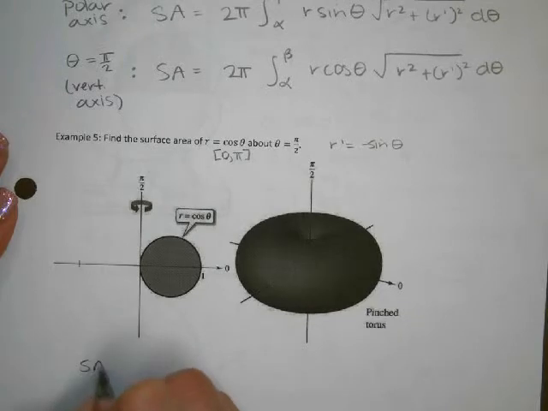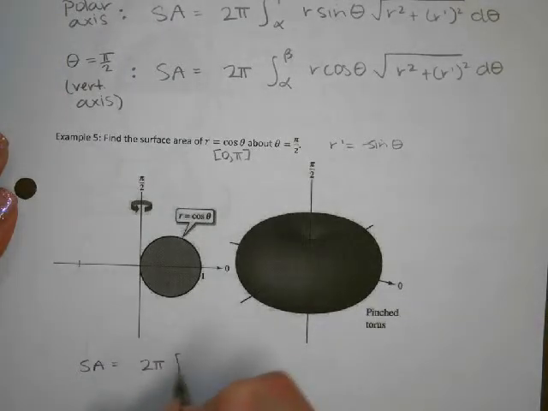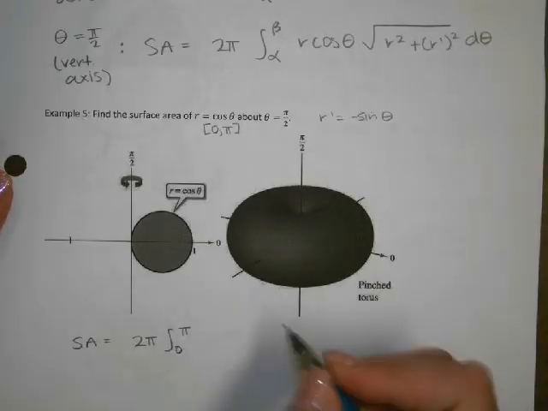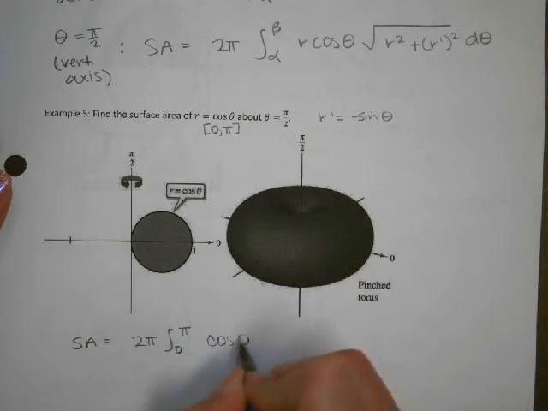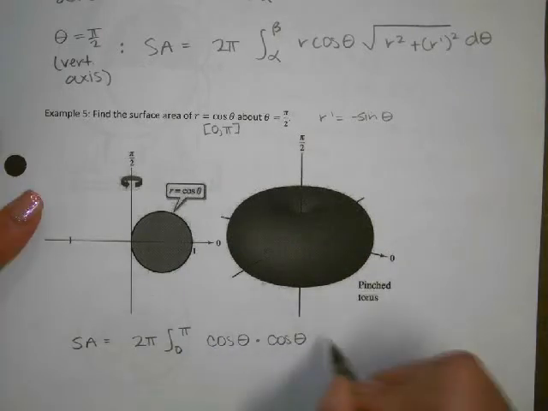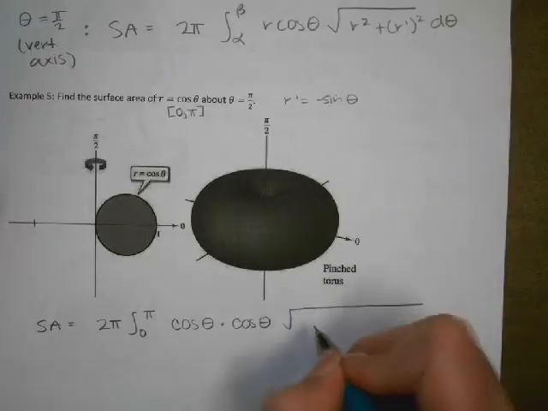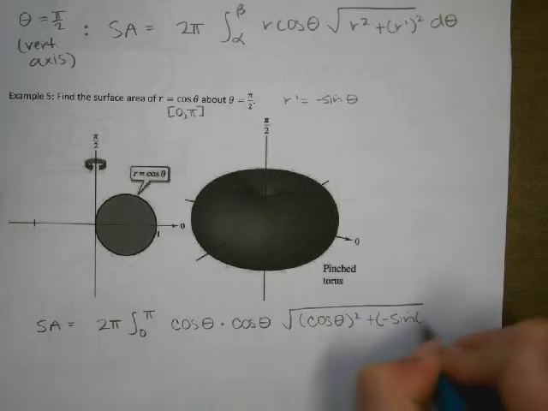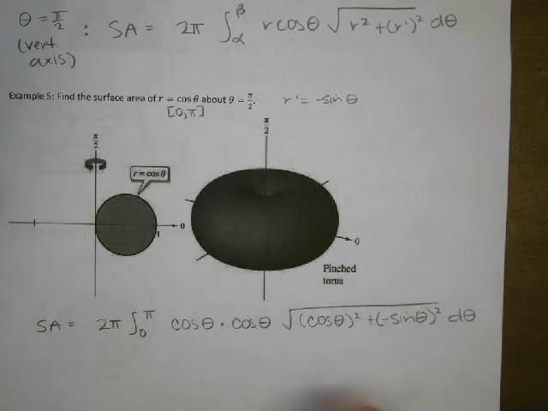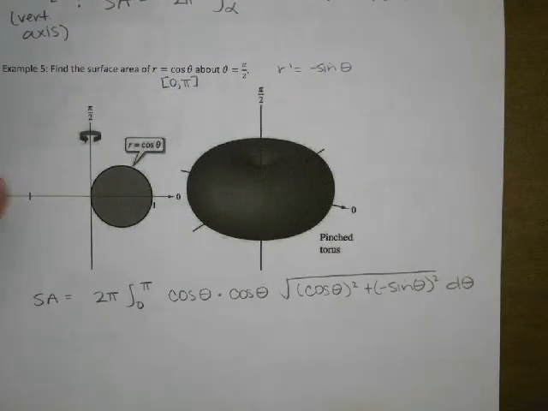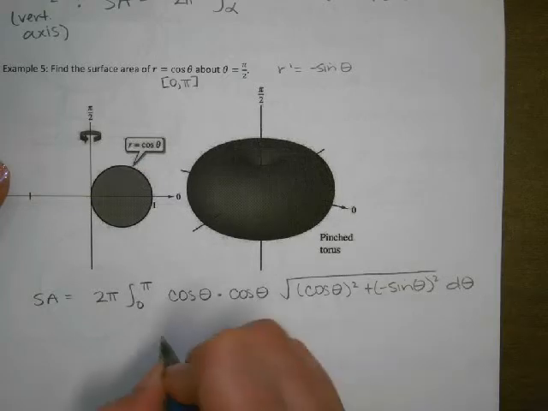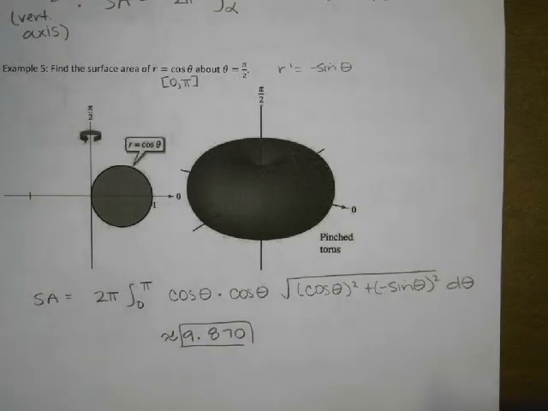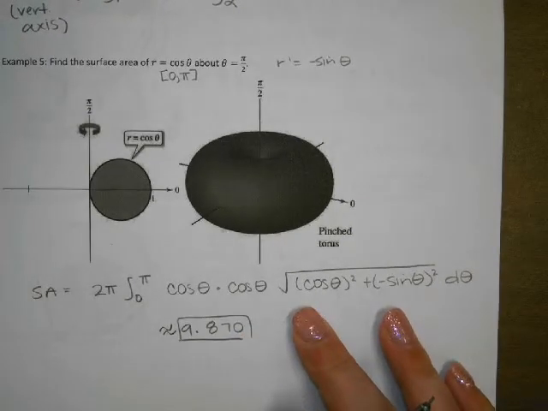So for surface area, we're going to say 2 pi times the integral from 0 to pi of r times cos theta, and r is cos theta, so there's your r times cos theta, times the arc length, the square root of cos theta squared plus negative sine theta squared d theta. You can just plug that straight in, and you end up getting 9.870.